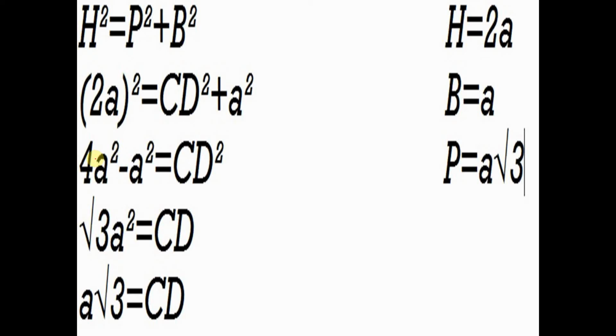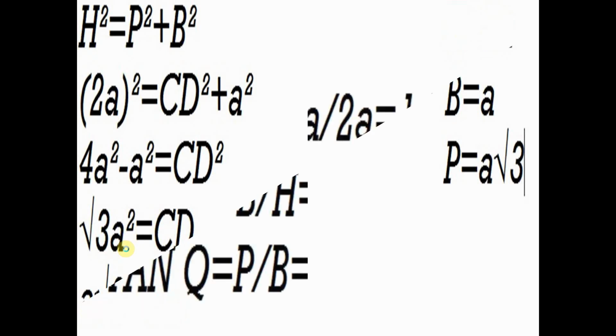The powers are the same, so we can subtract, so it will become 3a square. We shift the square to the LHS and it will become root. So root 3a square is equal to CD. Now a is in square, so a will come out of the root. A root 3 is equal to CD. So we get the value of the perpendicular.